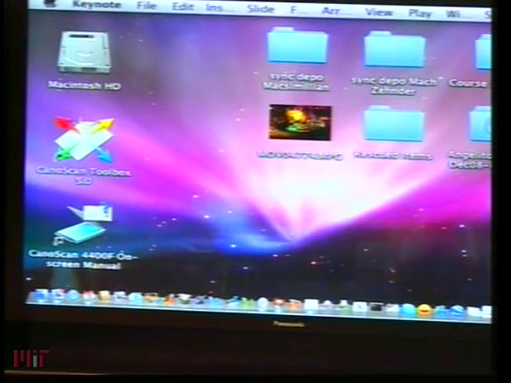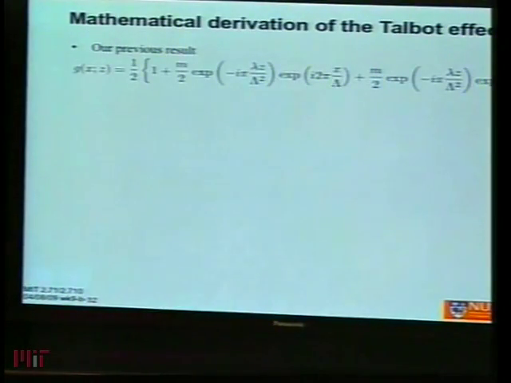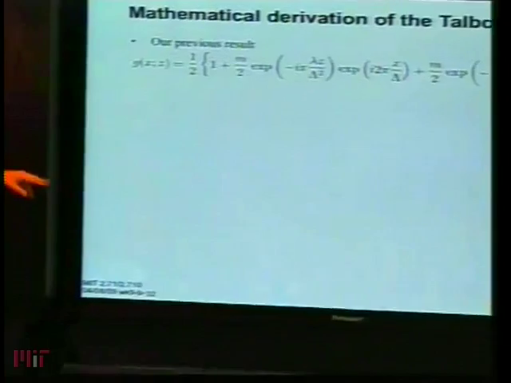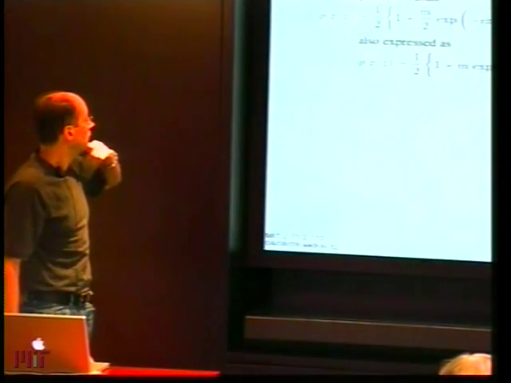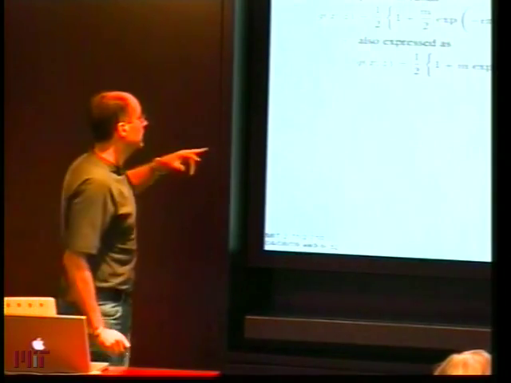And after a little bit more pain, which involves taking one more Fourier transform and then combining these things to form a sinusoid, you get this expression for the field.